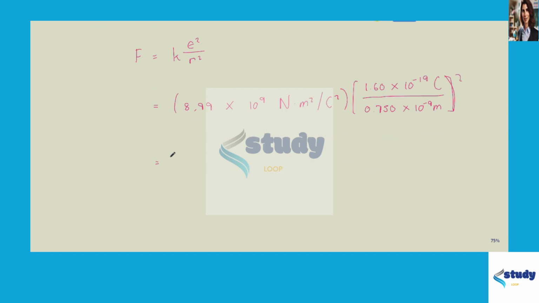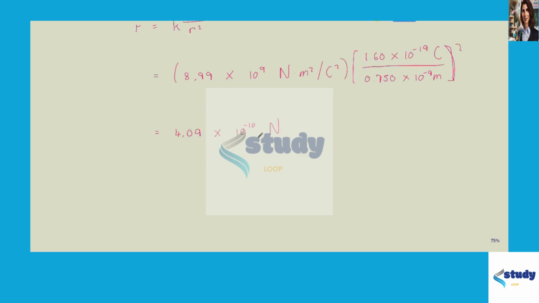Calculating, we get the maximum force between the two protons to be 4.09 times 10 to the minus 10 newtons.